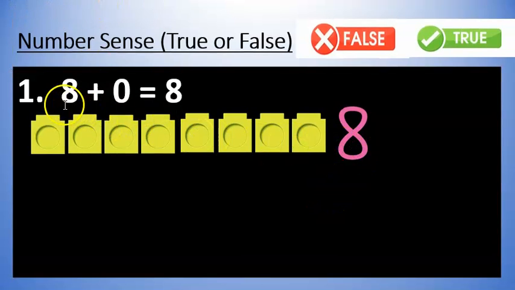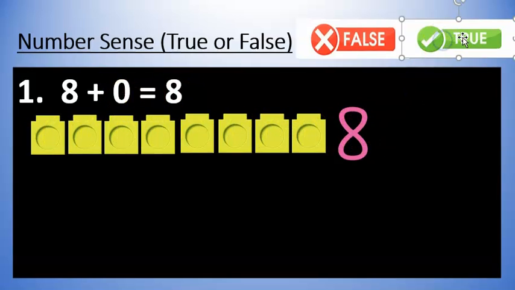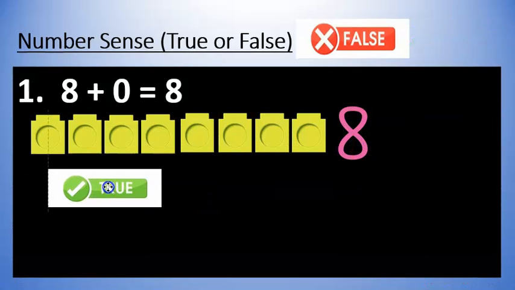Now, since 8 plus 0 equals 8, because that is true, Mr. Begay is going to drag true right here because that is true. 8 plus 0 equals 8. That is true. That means that is true. The answer is going to be 8 based upon our picture here.